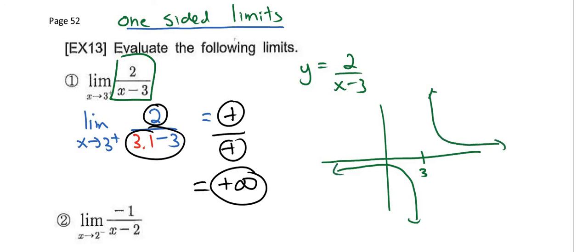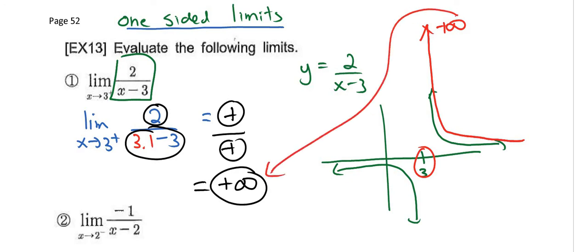Now, when you're approaching 3 from the right hand side, you're following the graph and approaching x equals 3 from the right hand side, so you're going to positive infinity here. So this positive infinity is this answer right there. So this is what the answer looks like on a graph when you're approaching 3 from the right hand side.